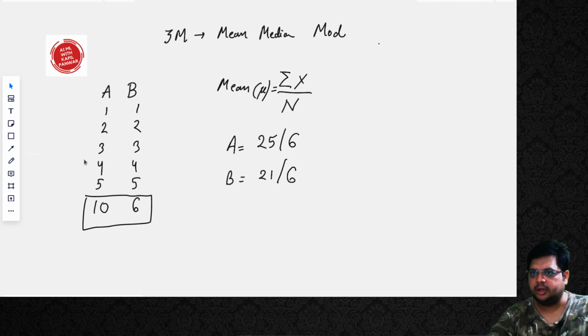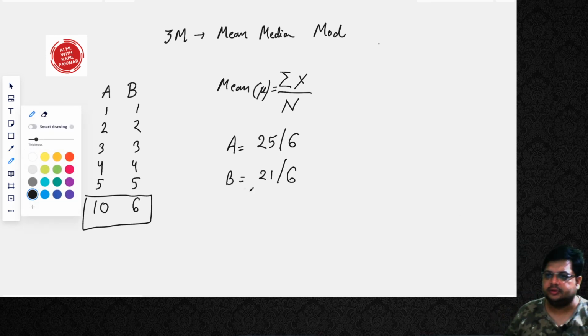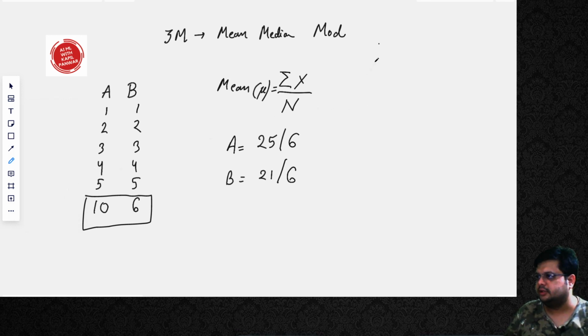What we are going to do now is see the meaning of the mean, mode, median, and the normal curve. So I'm just plotting a chart here. Let's use this color this time to show the difference between them.